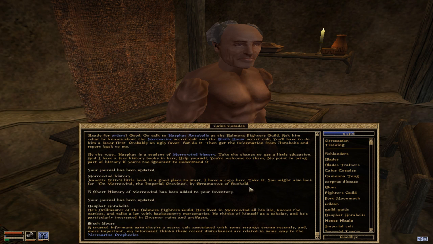Sixth house. A trusted informant says there is a secret cult associated with some strange events recently. And more important, my informant thinks these recent disturbances are related in some way to the Nervan prophecies.